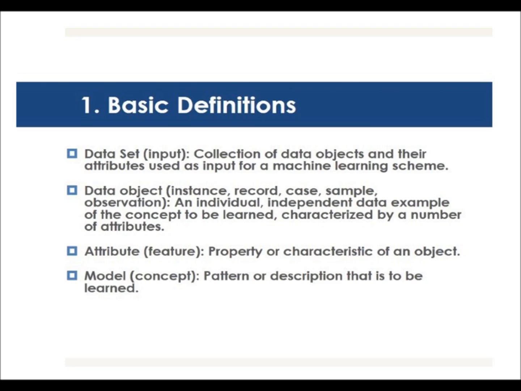It depends on your project again. We know what a data object means. That's the row you're talking about. And then the attributes are the columns. And the other one we call the model. It really depends on what algorithm you're going to use. That's what we are doing. It's a particular mathematical model.